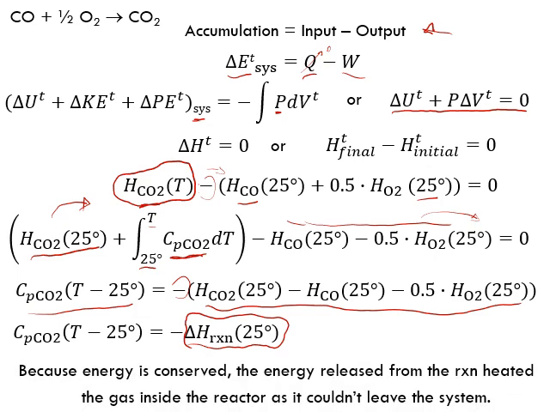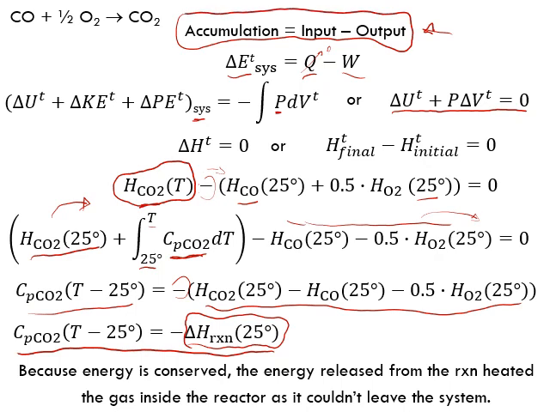So because energy is conserved, the energy released from the reaction heated the gas inside the reactor, as it could not leave the system. So now I hope that you fully agree with me when we say that this balance is used to balance energy whether we have chemical reaction or not. That is because energy is conserved.